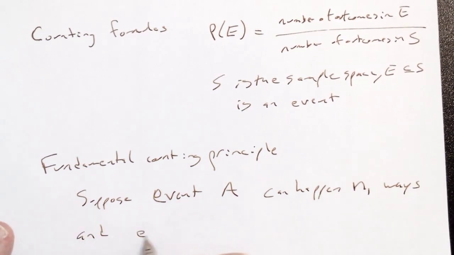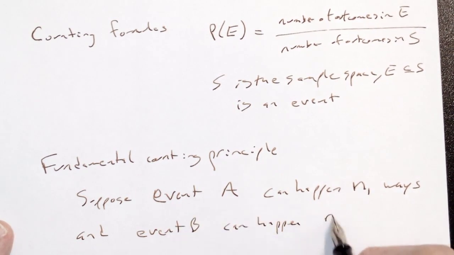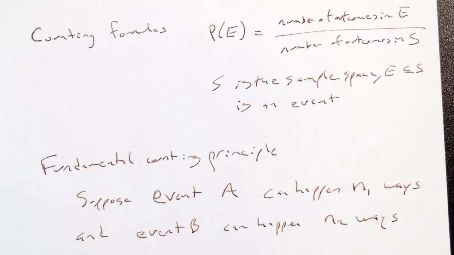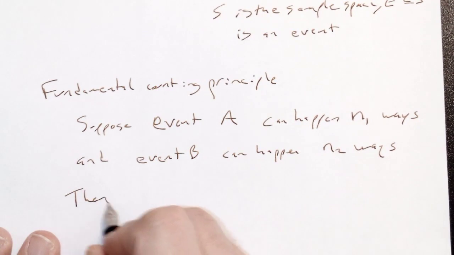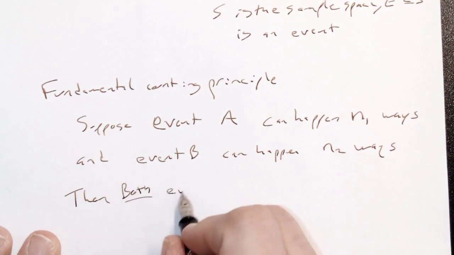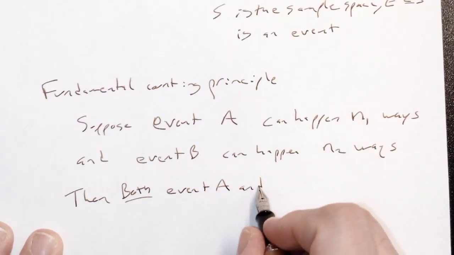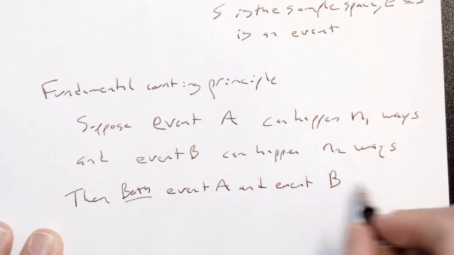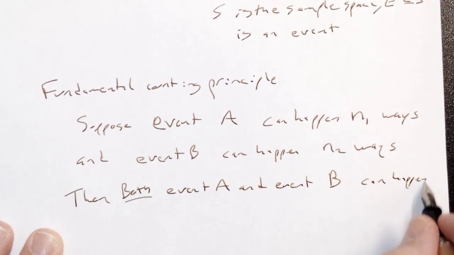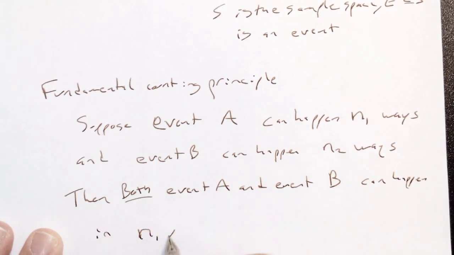And event B can happen n2 ways. Then both of them happen in the product n1 times n2 ways.